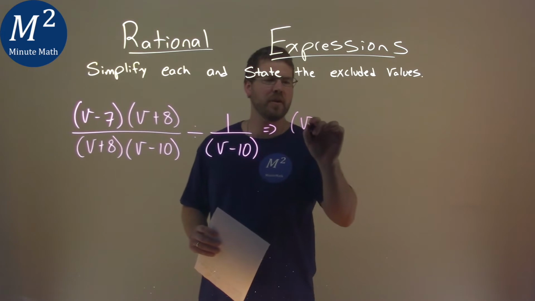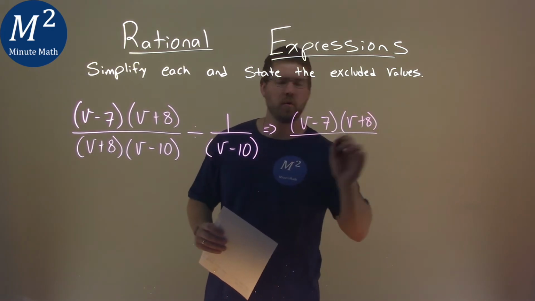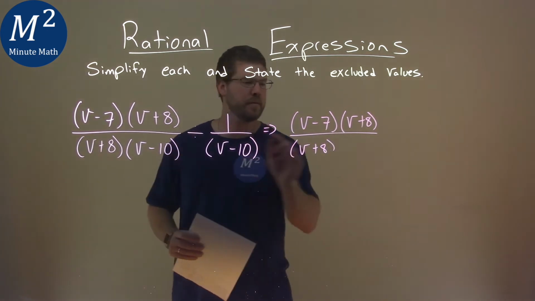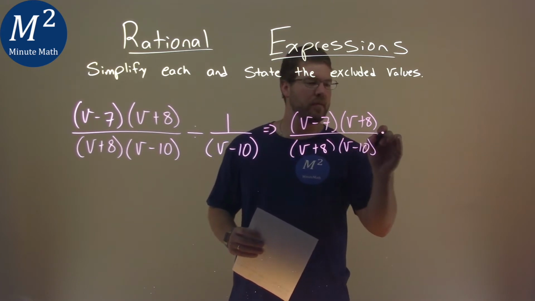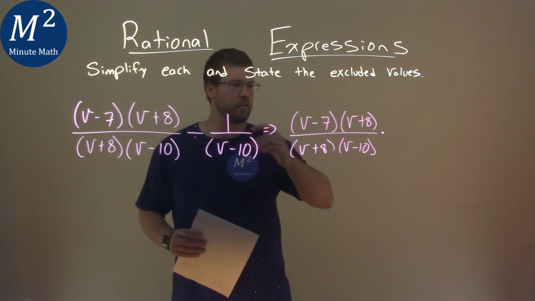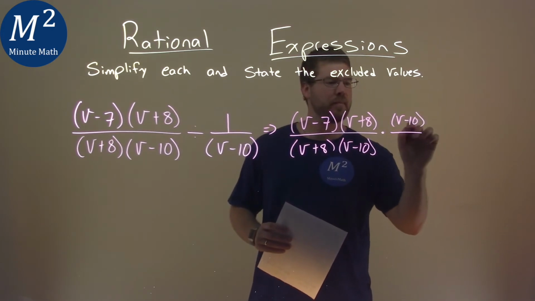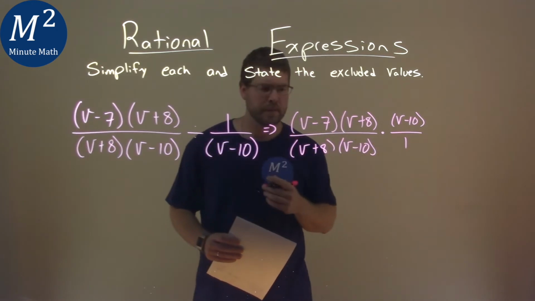So we keep the v minus 7 and the v plus 8 over, again, that v plus 8 and the v minus 10. But this is the same as being multiplied by, we flip the fraction here, and now we have v minus 10 over 1. And this actually makes it a little easier to see.